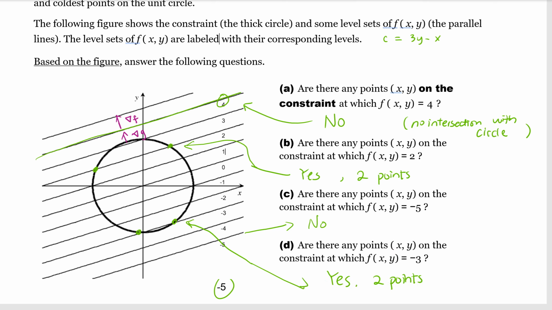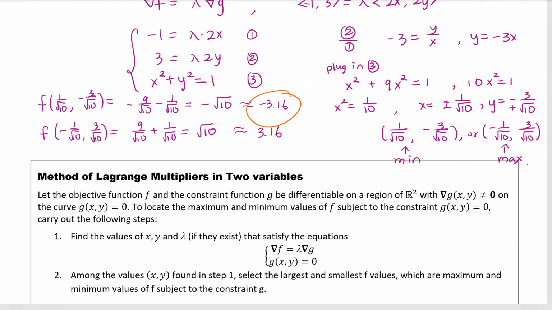Now our answer matches, because when we solved for it, we got the minimum value of about negative 3.16 and the maximum value of about positive 3.16, which is close to 3.2. So our graph matches now. Okay, so far so good, everybody?